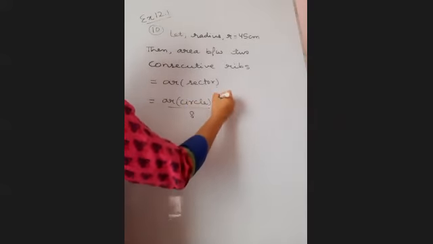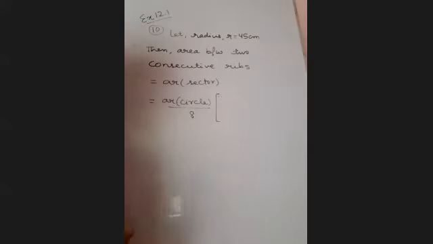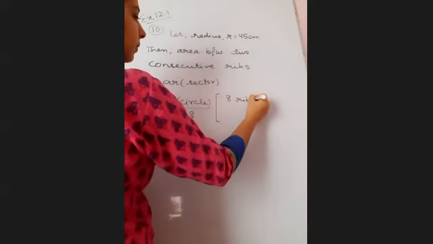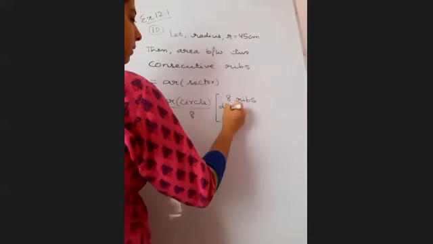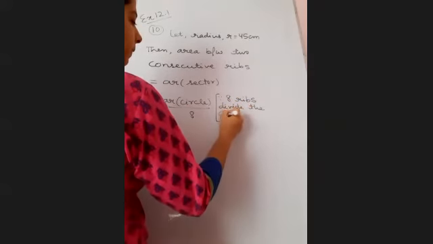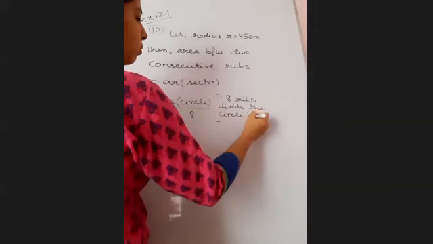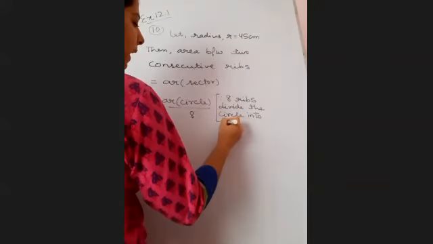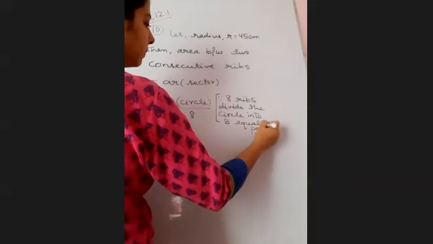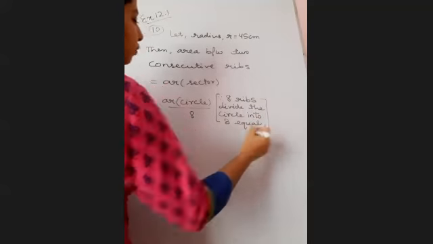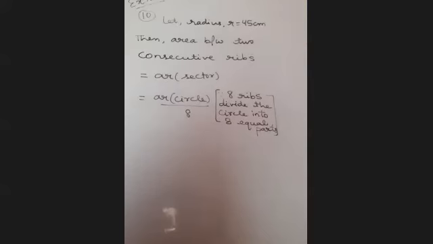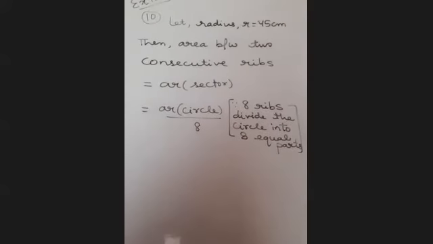In the bracket you may write down because 8 ribs divide the circle into 8 equal parts. This is the reason we have to put. Clear?